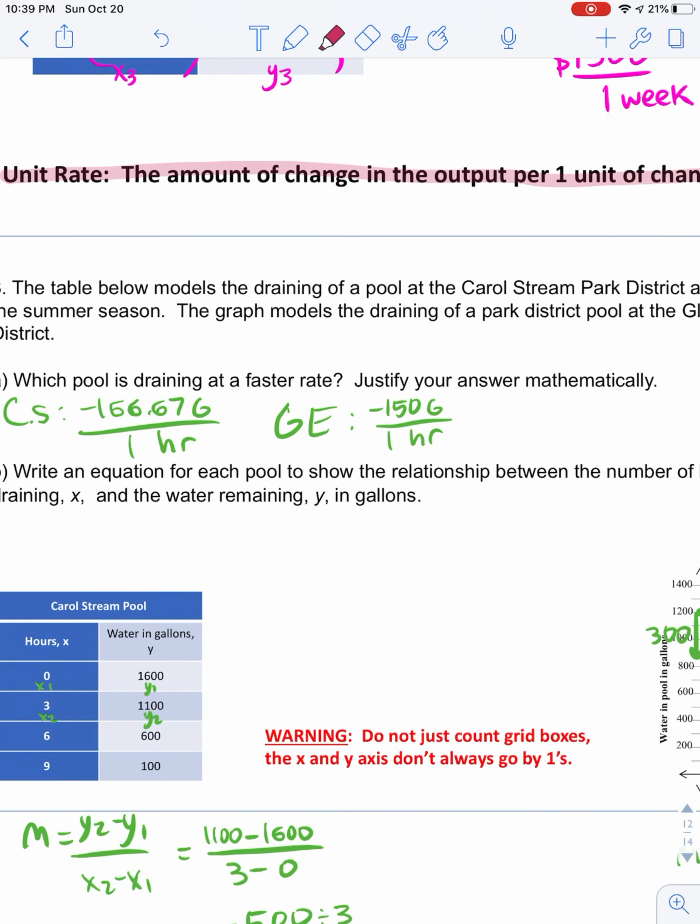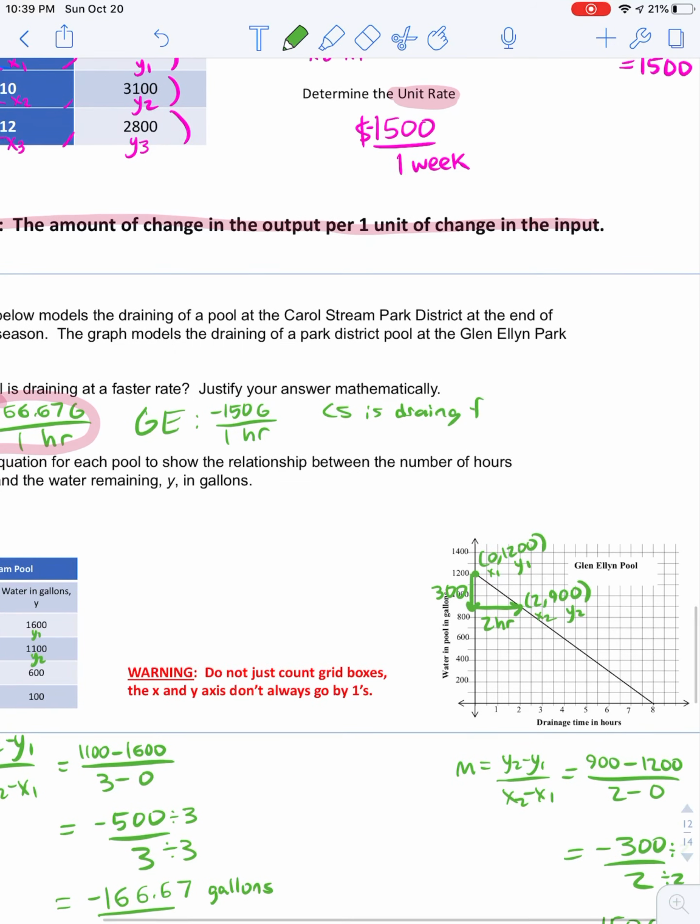So I would say that Carroll Stream is draining faster. They get rid of more water in 1 hour than Glen Ellen.